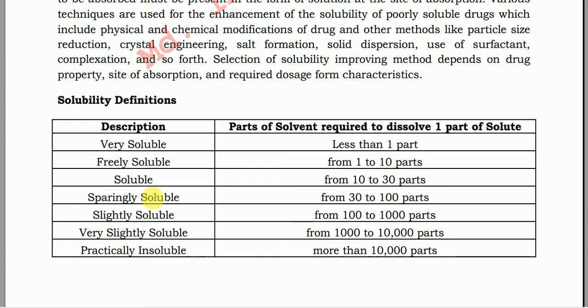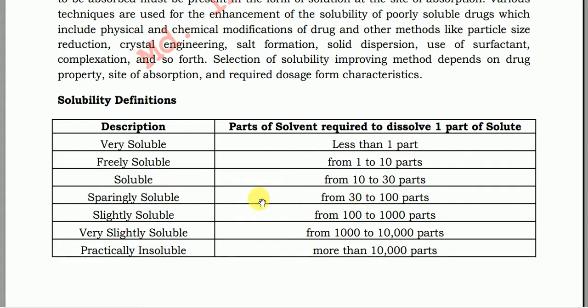Sparingly soluble. What is sparingly soluble? If we can solubilize 1 gram of solute with 30 to 100 gram of solvent, then we will say that it is sparingly soluble. For example, benzoic acid. 1 gram of benzoic acid may require more than 30 gram of solvent.